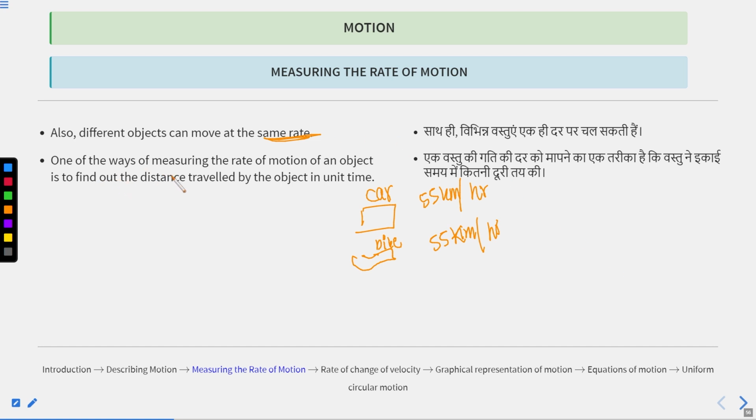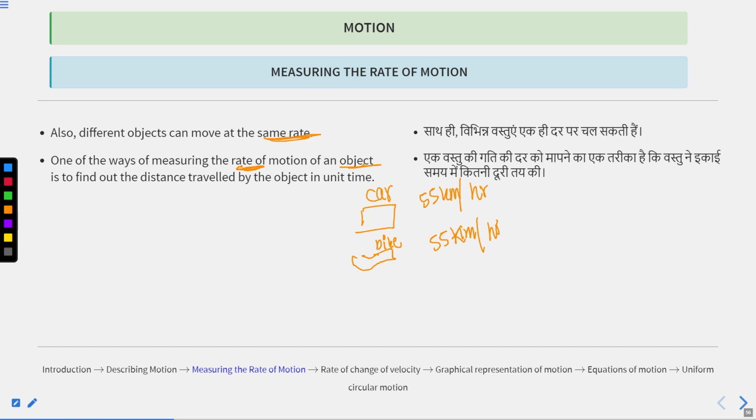One of the ways of measuring the rate of motion of an object is to find out the distance traveled. Okay, how can you check the rate? How can you measure the rate of the motion, that how fast or how slow the motion is? You can measure it by dividing distance by time. Then you can check which object is moving fast or which object is moving slow.